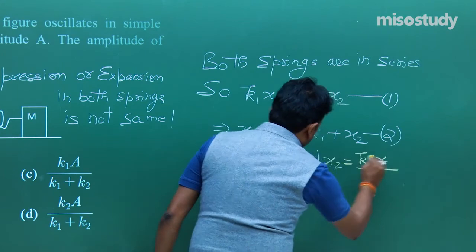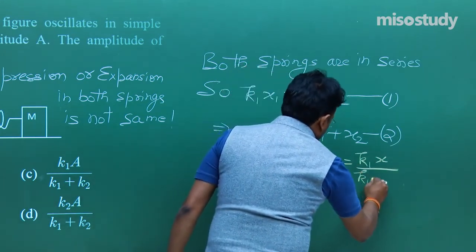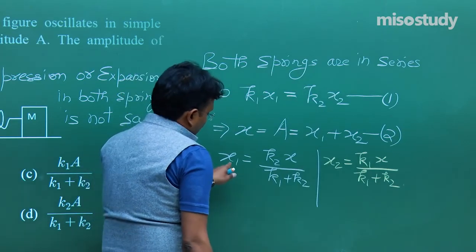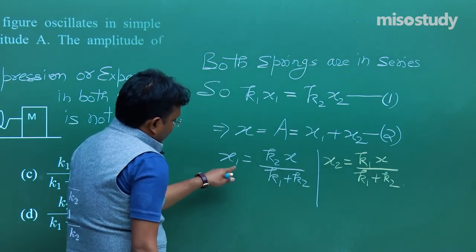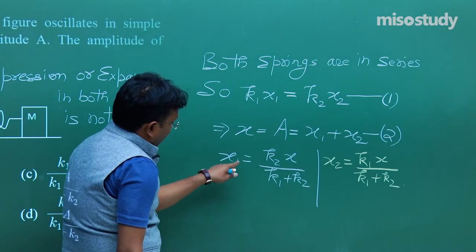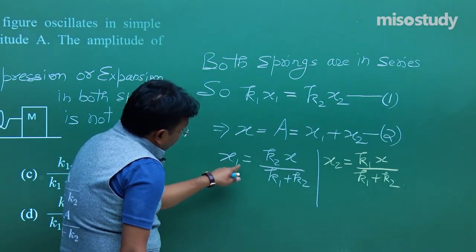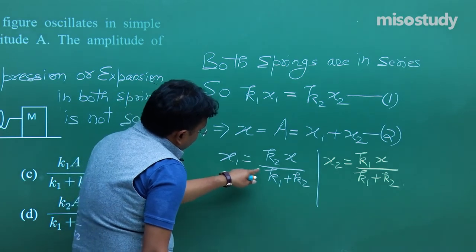Fine. So after getting the proper understanding of these two terms, x1 is equal to this much, x2 is equal to this much, the amplitude of point P is how much?